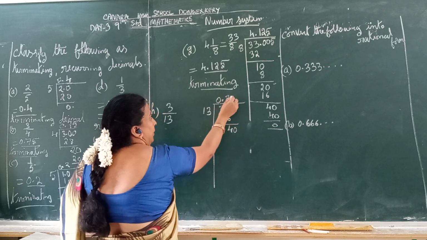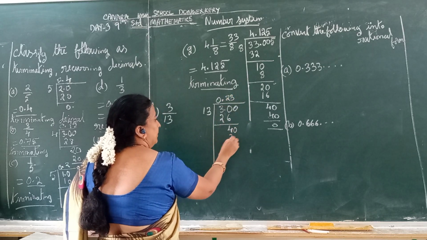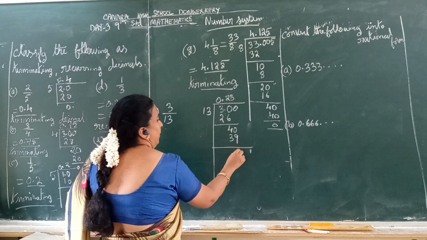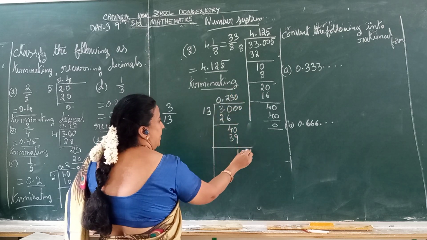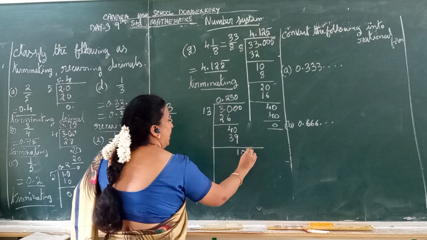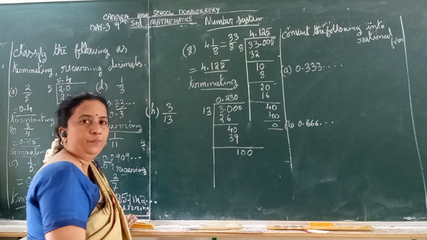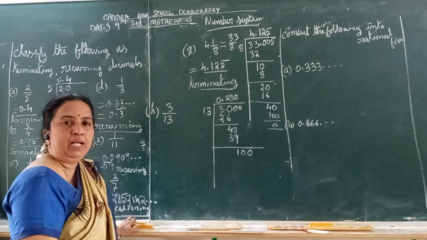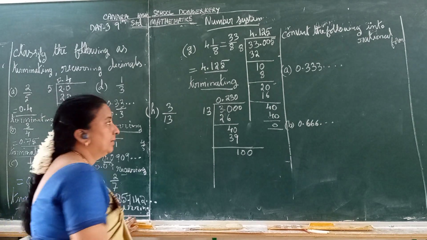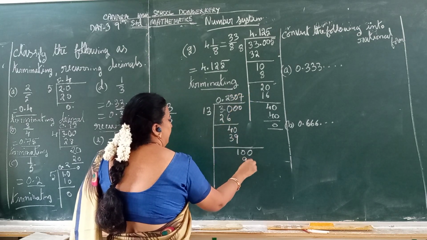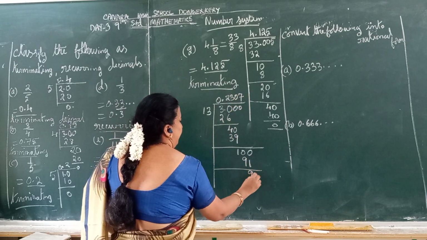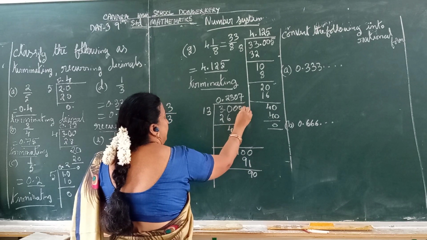One more 0. 13 threes are 39. 1 remains. Not divisible. 0. 100. Nearest multiple of 13: 13 sevens are 91. 9 remains. 90.